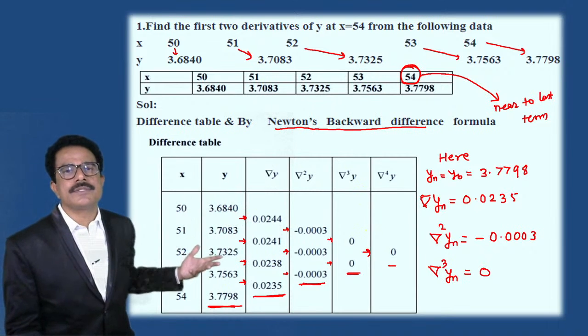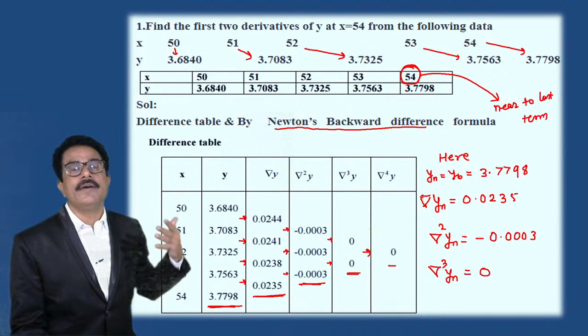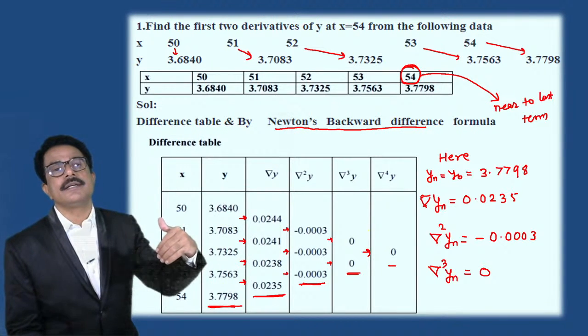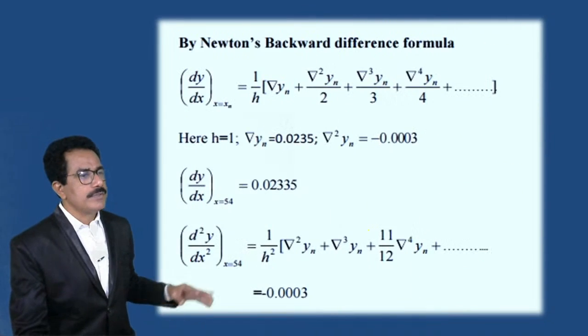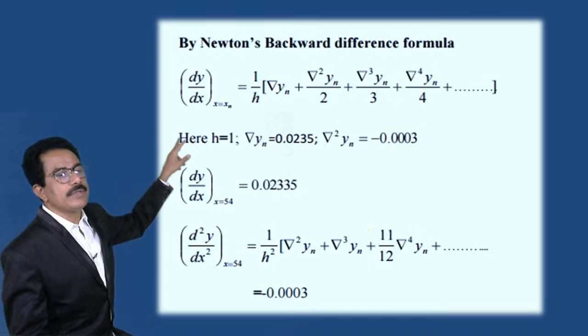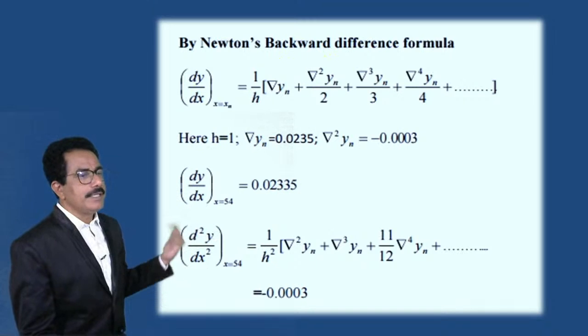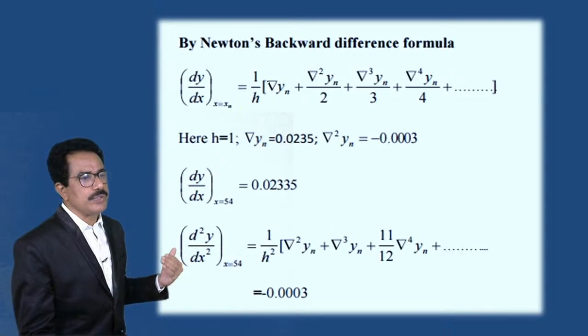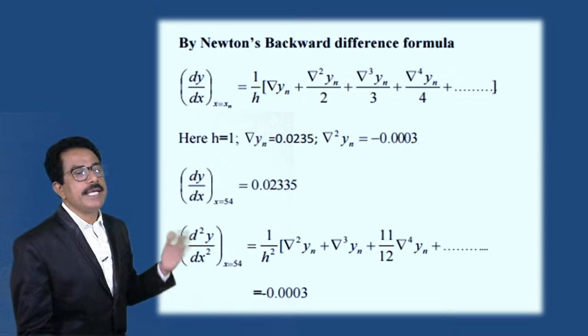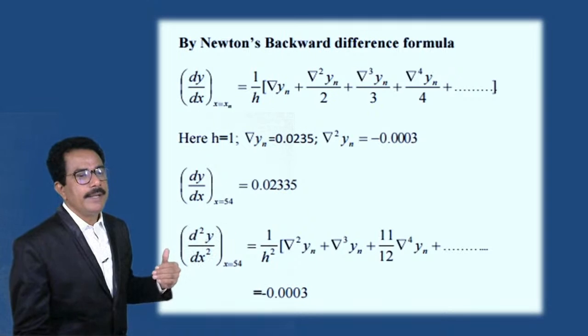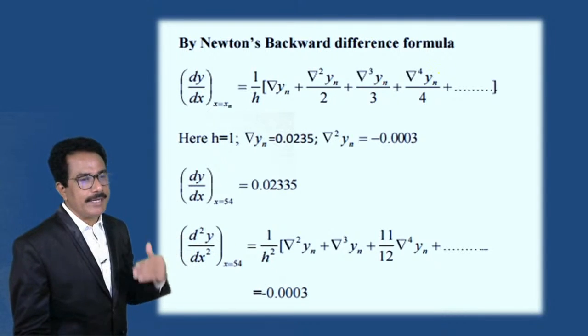It is not necessary to write the terms greater than del square. So by Newton's backward formula, dy by dx at x is equal to 1 upon h into del yn plus del square yn upon 2 plus del cube yn upon 3 plus del 4 yn upon 4.